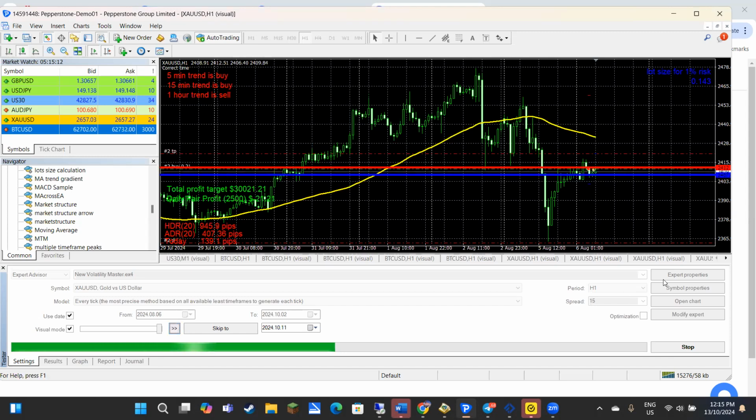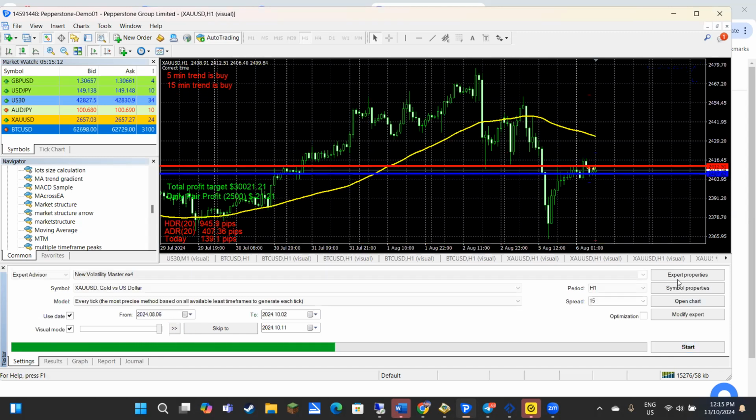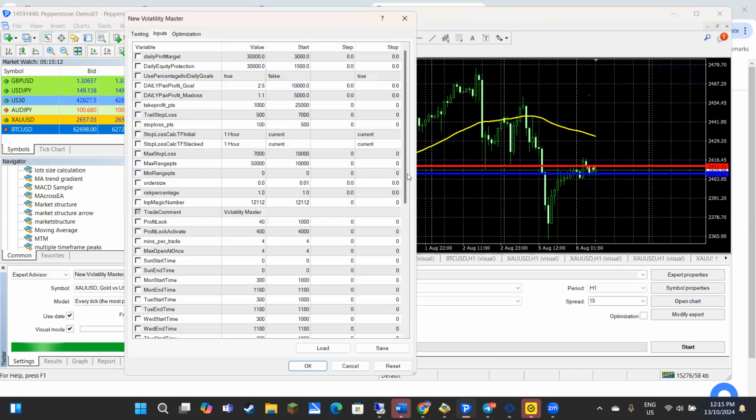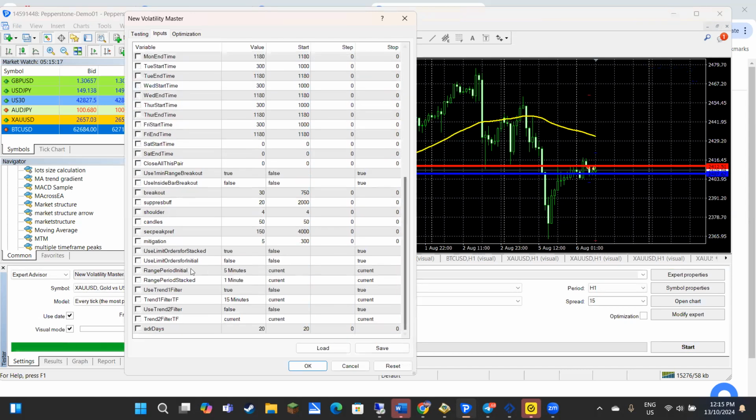Let me stop this and explain it. As the settings are at the moment, the initial trade is based off the 5 minute range, and the stop loss is going to be off the 5 minute range on the current settings, not with these new ones. And the stack trades range is going to be based off the 1 minute breakout, but the stop loss is still going to be on the 5 minute range.